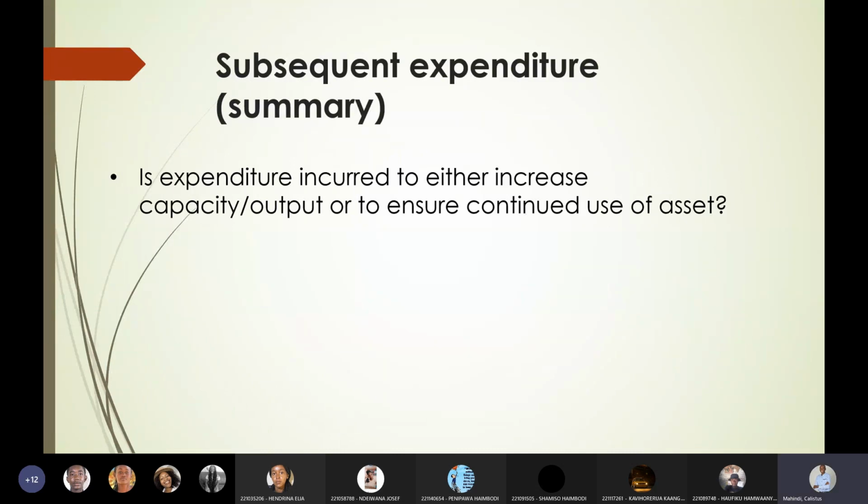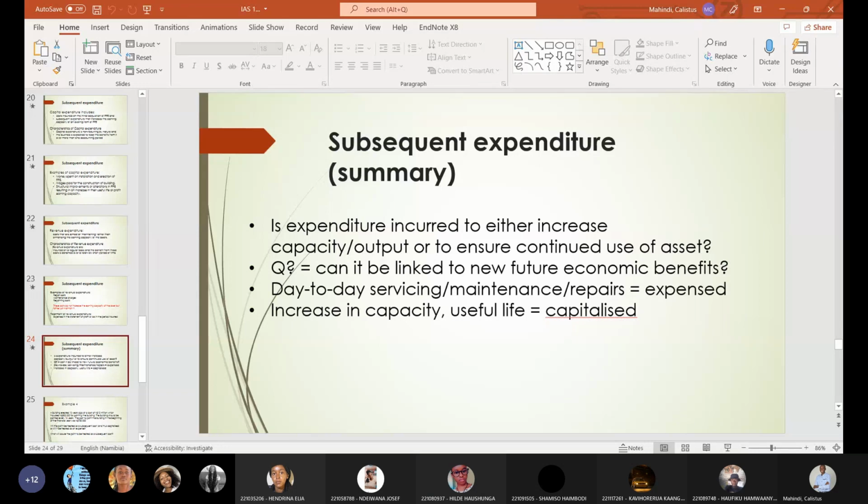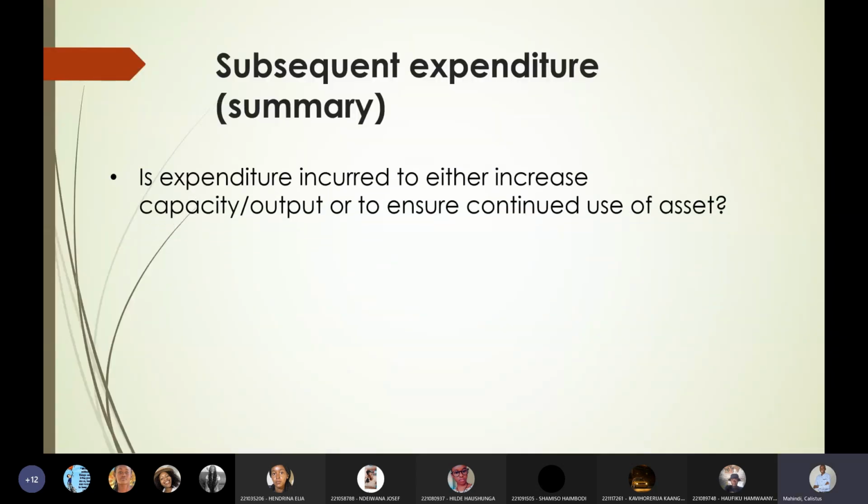So when you're looking at subsequent expenditure, you have to ask yourself some questions. Is the expenditure incurred to either increase the capacity or output, or to ensure continued use of the asset? I repeat, in order to determine what to do with subsequent expenditure, ask yourself, is the expenditure incurred to either increase the capacity or output, or to ensure continued use of the asset?